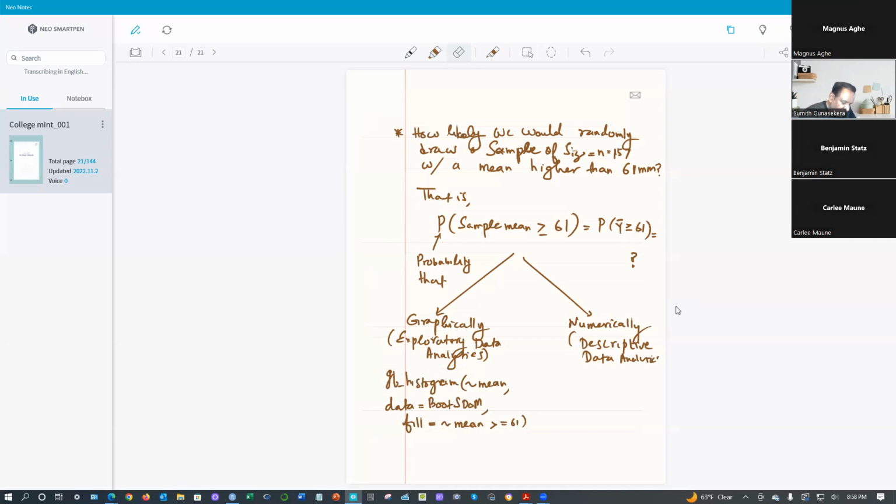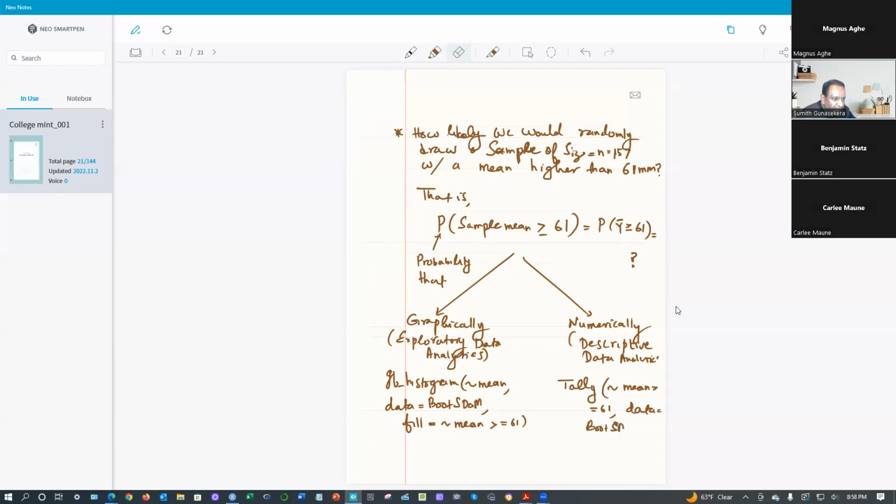But numerically, how could you calculate this? You use tally. Tally of mean greater than or equal to 61, with data being the bootstrap sampling distribution of mean.